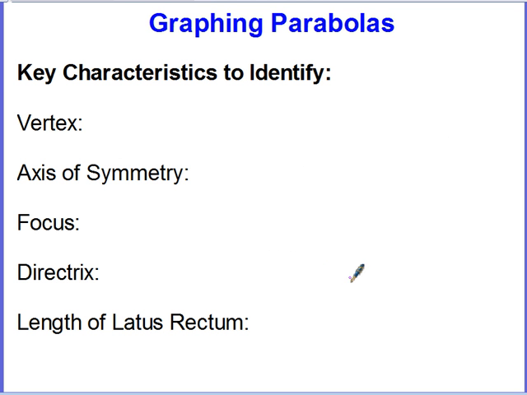So first we're going to look at the key characteristics. The vertex, just like the center in a circle or ellipse, the vertex is (h, k), the opposite of whatever is in the parentheses. Then we have the axis of symmetry. If you remember from Algebra 1, this is the line that goes right through the middle.